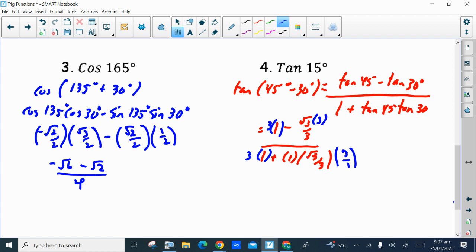I'm multiplying by 3, which is the same as 3 over 1. And what that does, it eliminates the denominators that are in both the numerator and the denominator. So what I have left is 3 minus root 3 over 3 plus root 3.